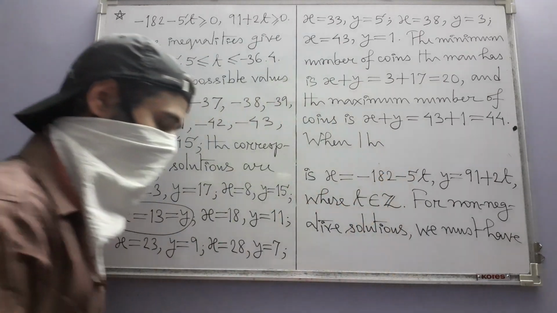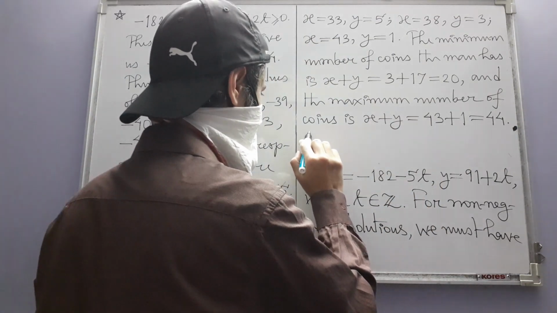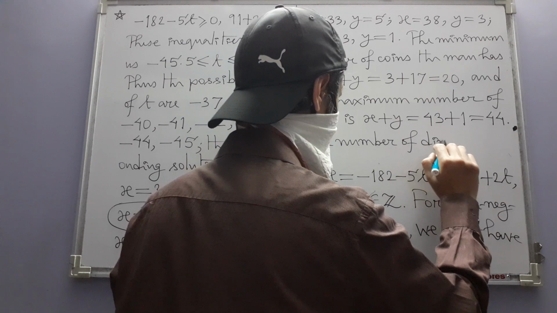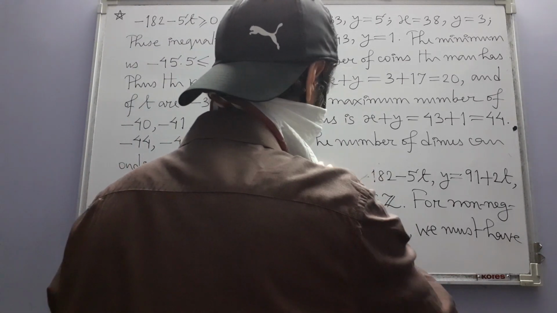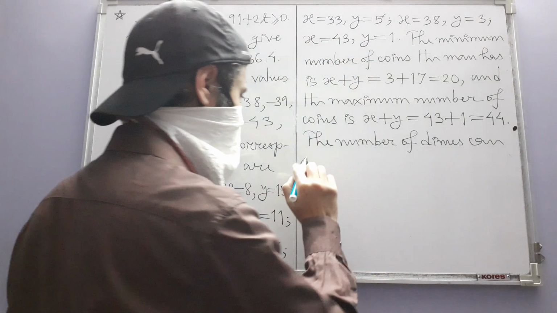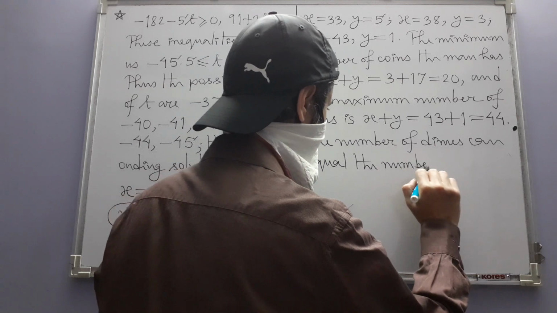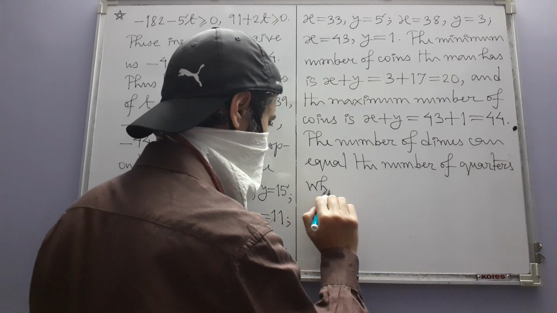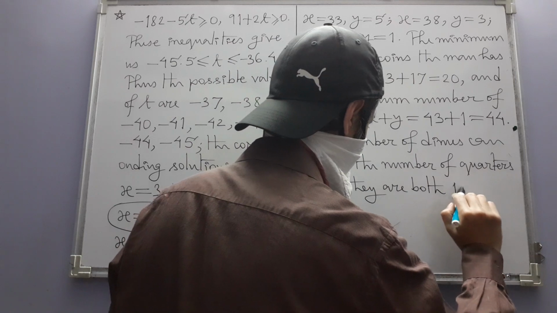The number of dimes can equal the number of quarters when they are both 13.